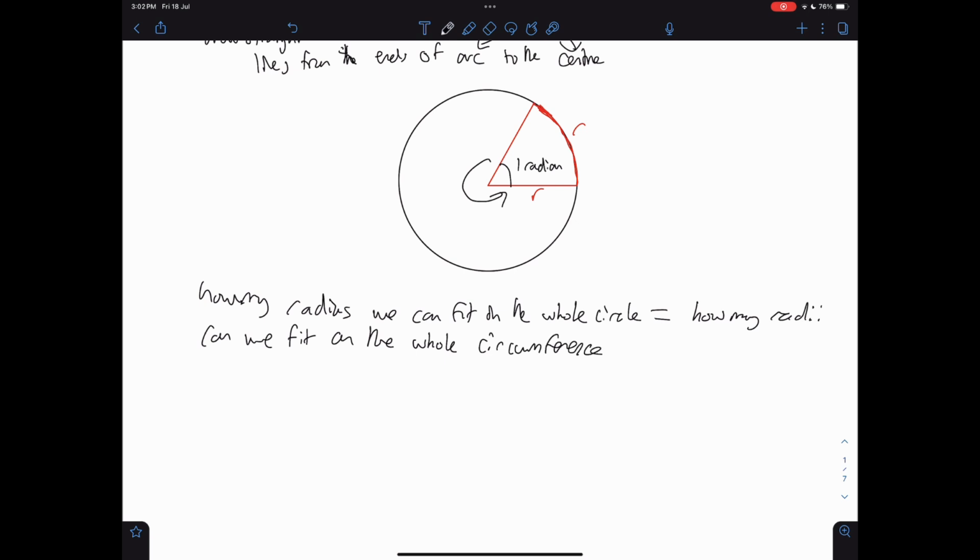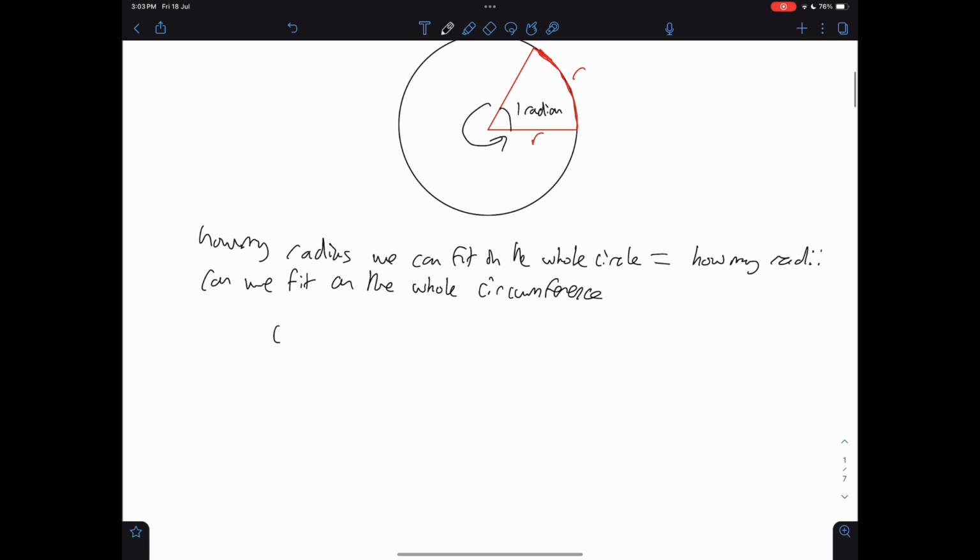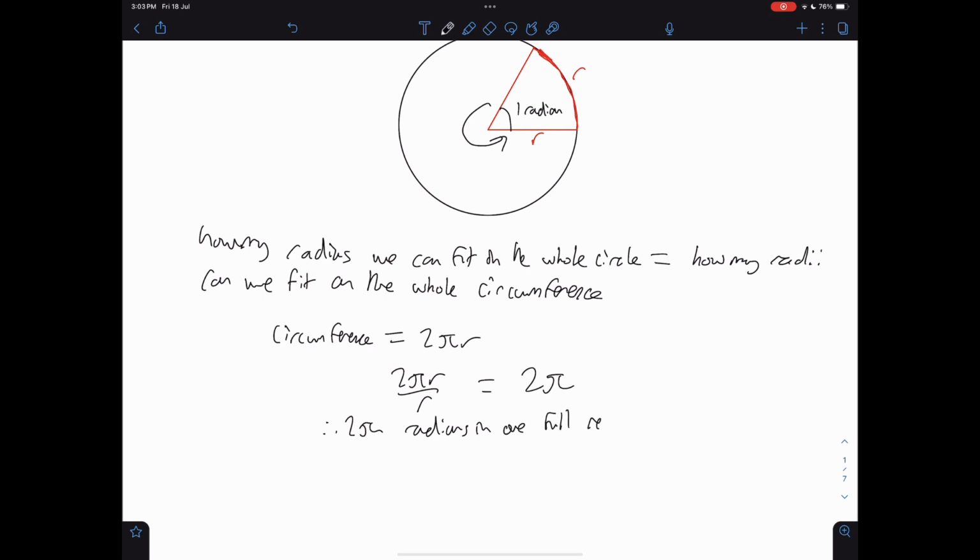And already you'll be thinking, circumference equals 2 pi r, divide both sides by radius. How many radii can you fit in the circumference? 2 pi r over r, and that gives you 2 pi. So that tells you that there are 2 pi radians in 1 full revolution. Therefore, 2 pi radians equals 360 degrees.